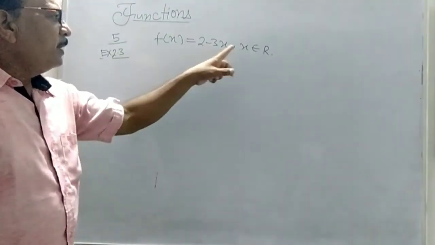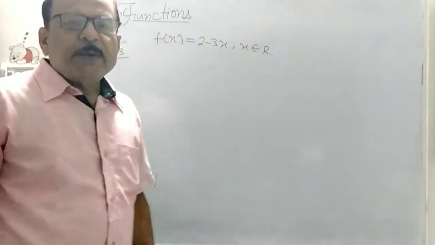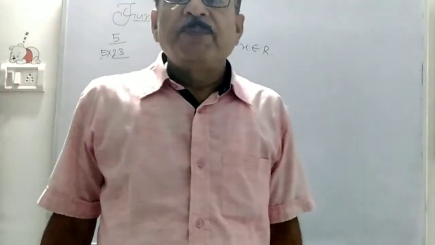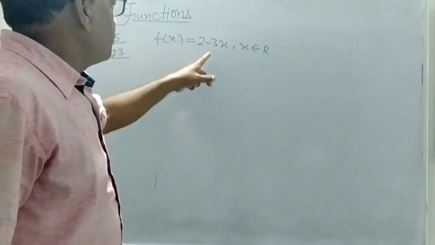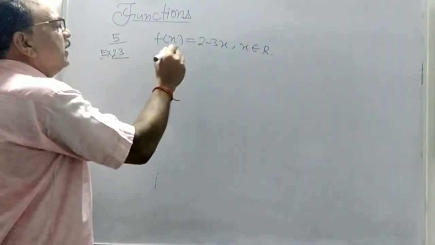Now if x belongs to R and x is 0, then f(x) is 2, which is the maximum value.